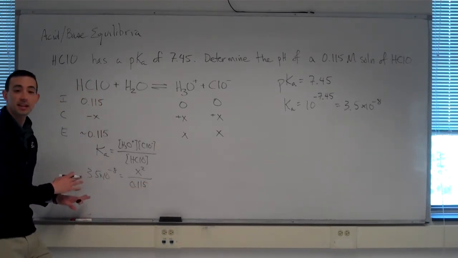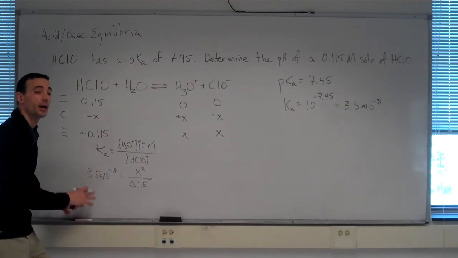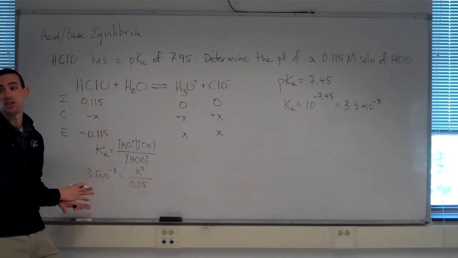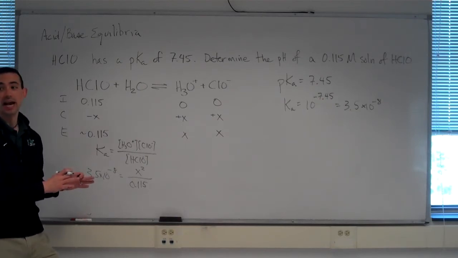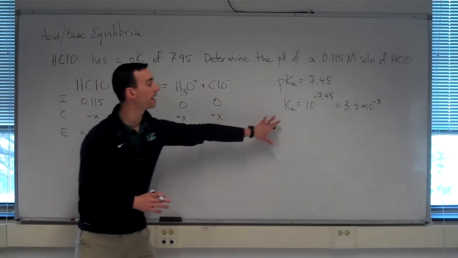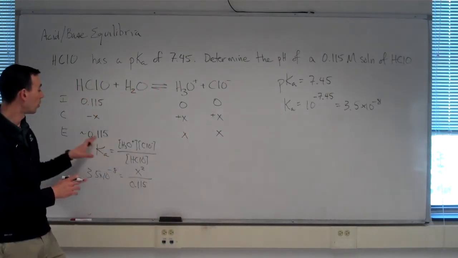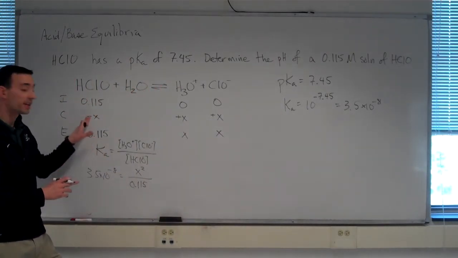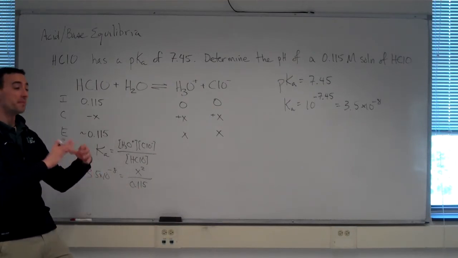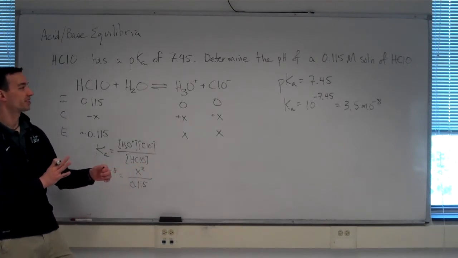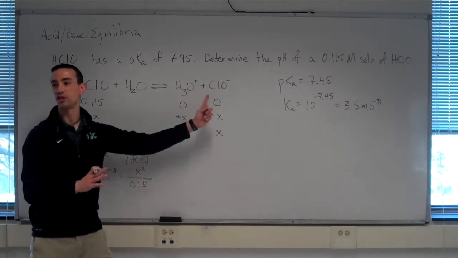You're going to see this setup again and again, just so you know. Because so many of our acids and bases have small Ka and Kb values, you will always be able to ignore the X on the reactant side, which leads to just putting the reactant concentration here. And another benefit I've been trying to say in some of the lectures, we're only going to have coefficients of 1.